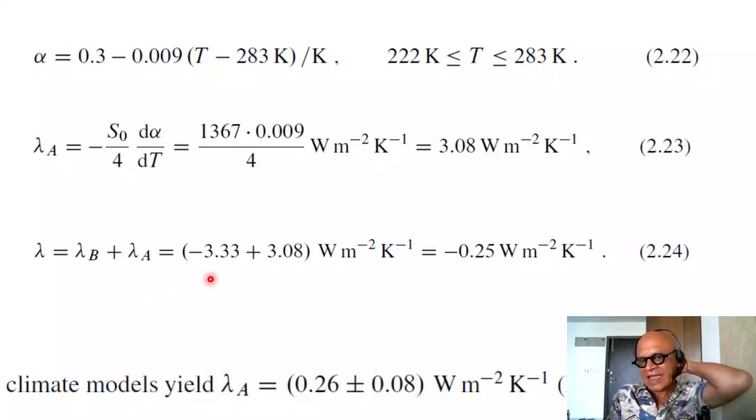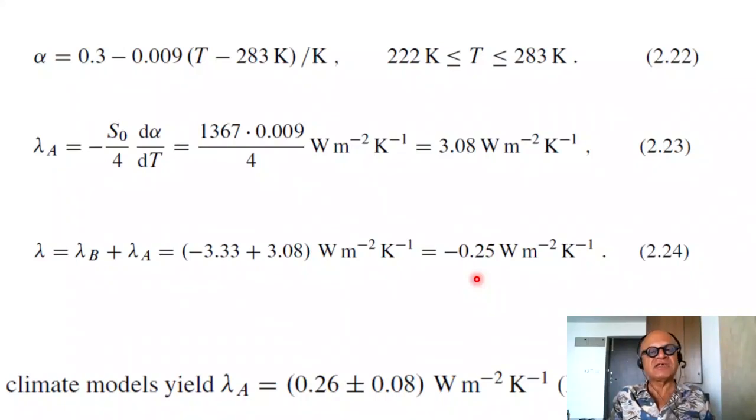So we take the Planck feedback from before at minus 3.33 and add this estimate to get a net feedback of long wave and short wave at minus 0.25 watts per meter squared per Kelvin.